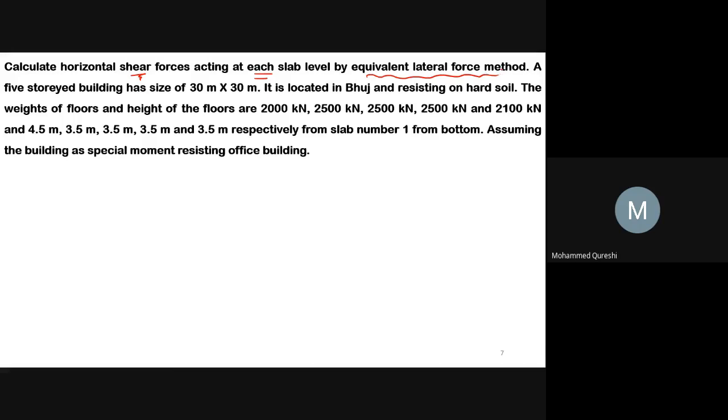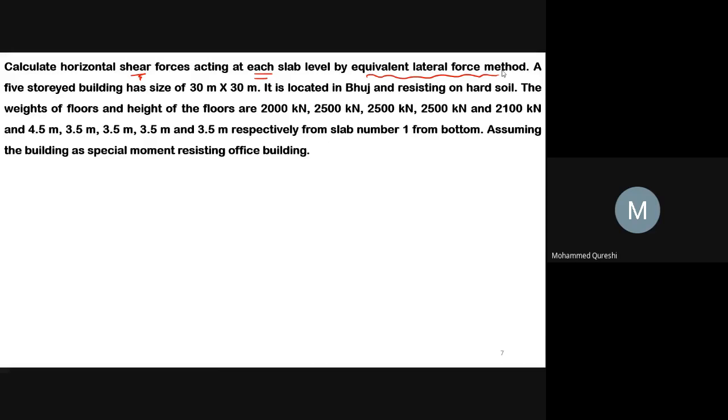As we had discussed earlier, the seismic coefficient method is also known as the equivalent lateral force method, so our steps will remain the same as in the seismic coefficient method. It is also known as the static coefficient method. Both names are for the seismic coefficient method only.